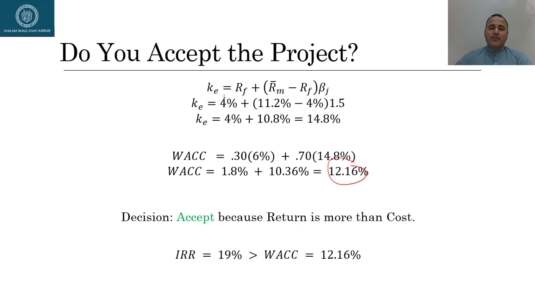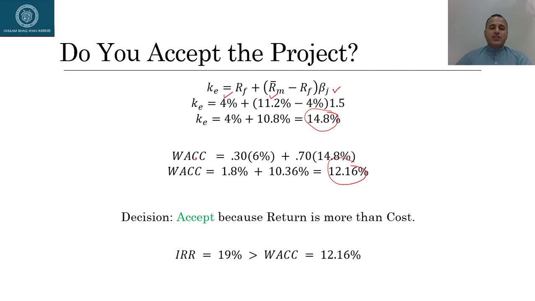So RF is 4%, 11.2% is the market return, and once I subtract the RF, the risk-free rate, it's the excess return. And once I multiply it with 1.5, the cost of equity is 14.8.